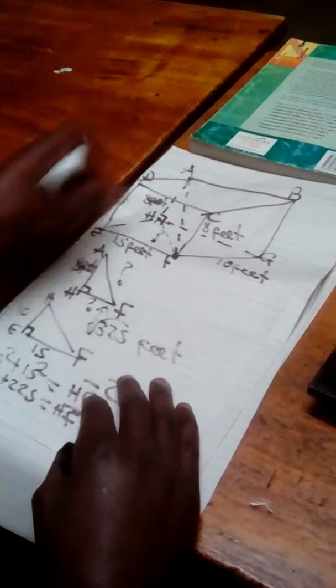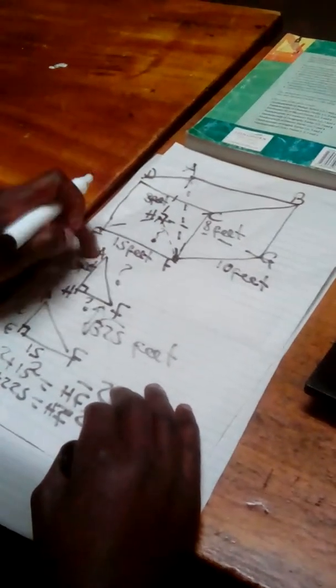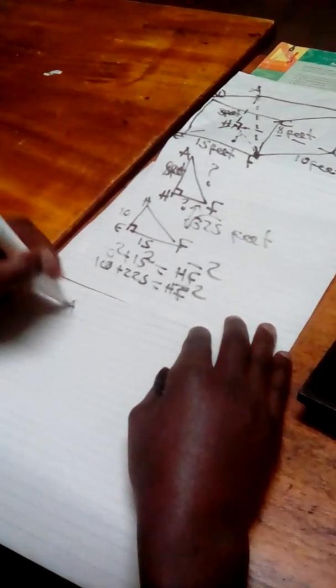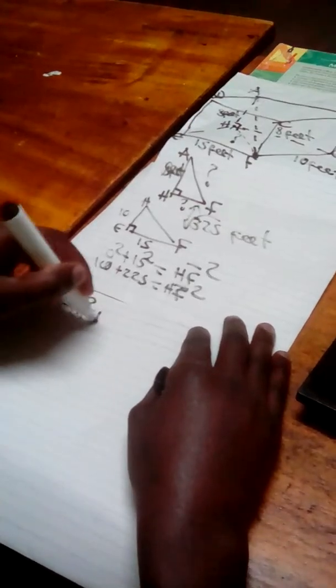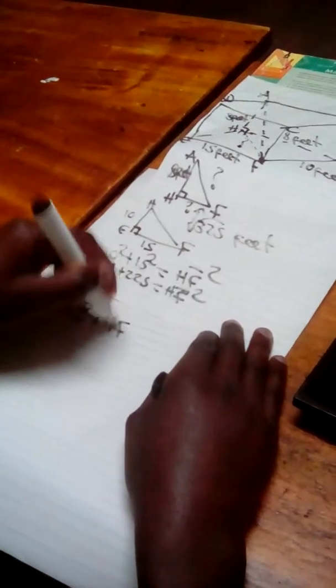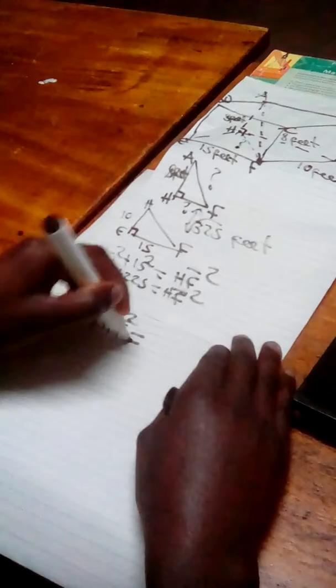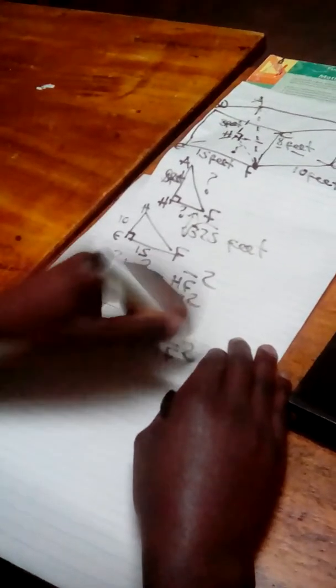Now we may again apply the Pythagoras theorem to get AF, the distance that we wanted from the top corner on the ceiling board to the bottom corner on the floor. So in this case, applying the Pythagoras theorem here, you will have AH squared plus HF squared equals AF squared.